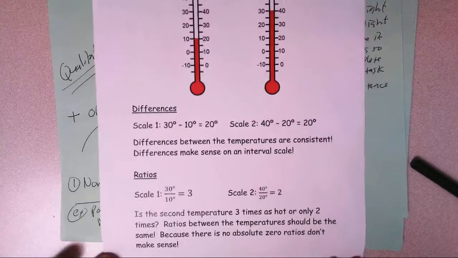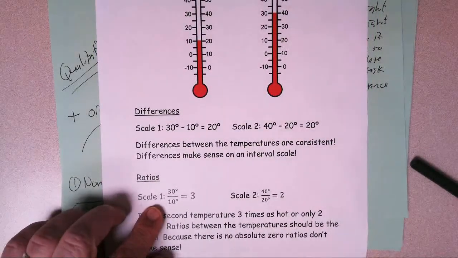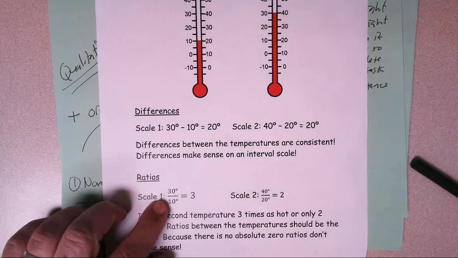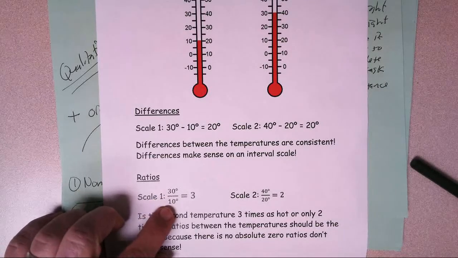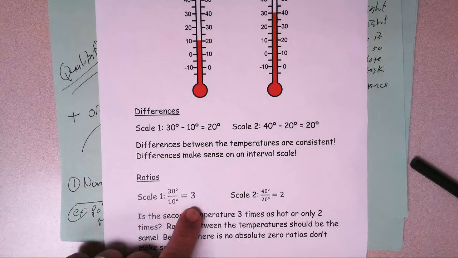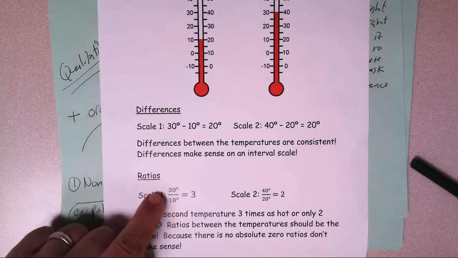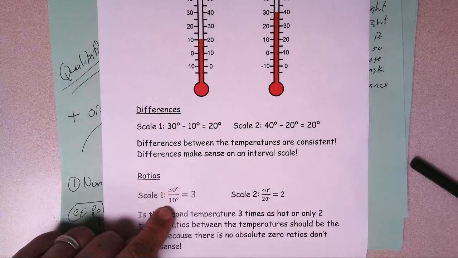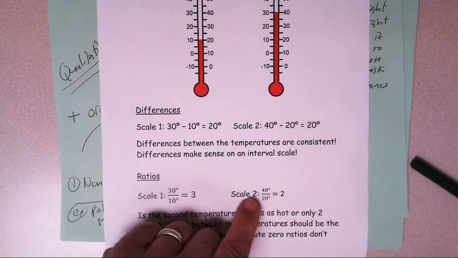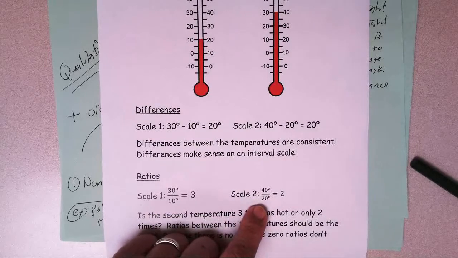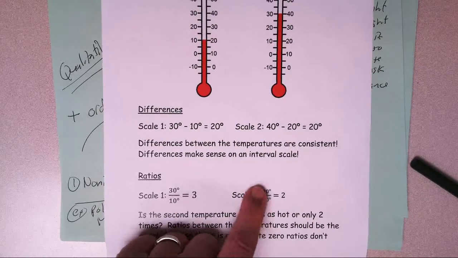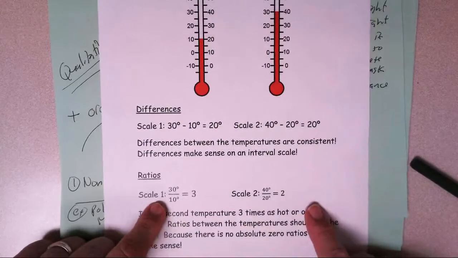But if I compare these 2 values with a ratio, on scale 1, I would get 30 degrees divided by 10 degrees, which is 3, meaning that on this scale, 30 degrees is 3 times as much as 10 degrees. But on scale 2, 40 degrees is twice as much as 20 degrees. And so the ratios are not consistent.